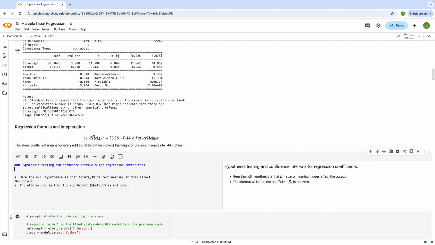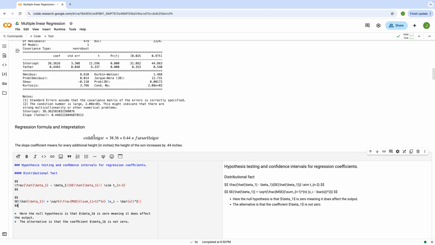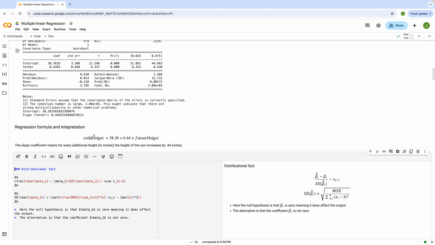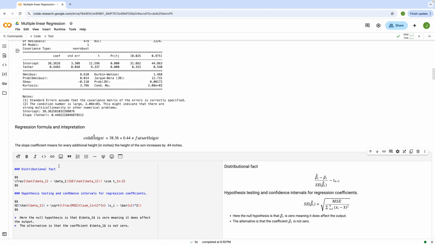So this is a distributional fact, and using this distributional fact, you can test hypotheses.